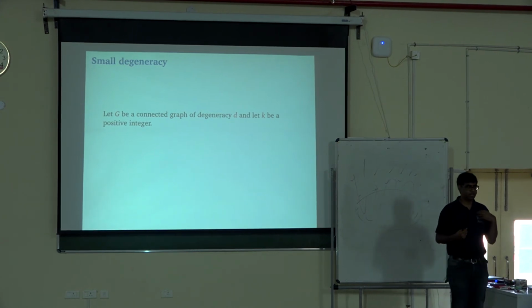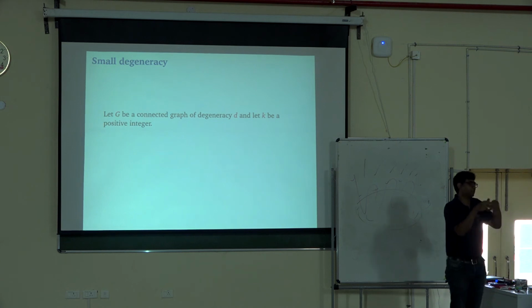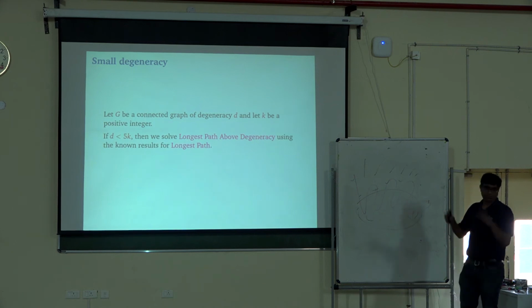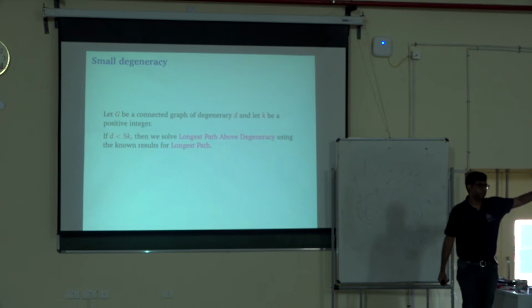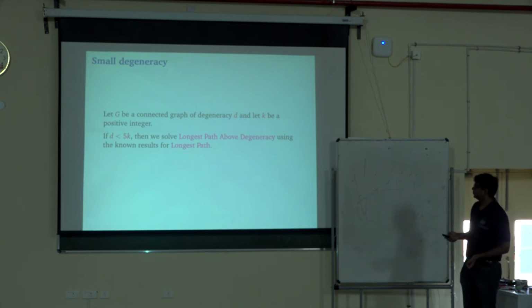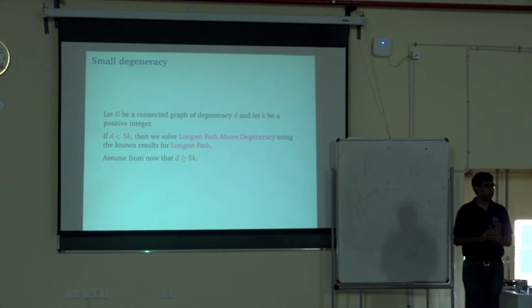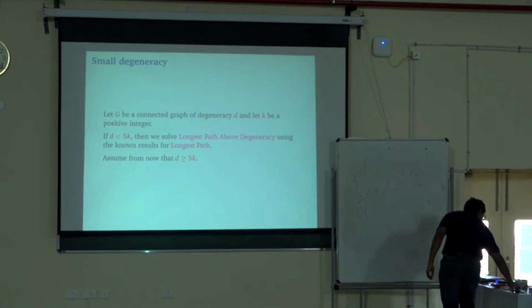So I can come to a case where K is less than some fixed fraction of D, and that is the strategy which we will apply. If D is less than 5K, then we solve longest path parameterized by degeneracy using the known result. For such an object, there exists an algorithm. So this allows me to assume the degeneracy is large compared to the K which I am working with. So from now onward, we can assume the degeneracy is at least 5K.